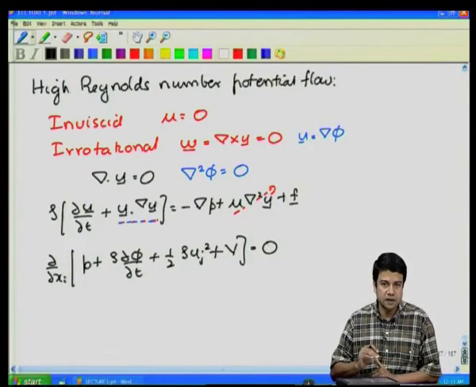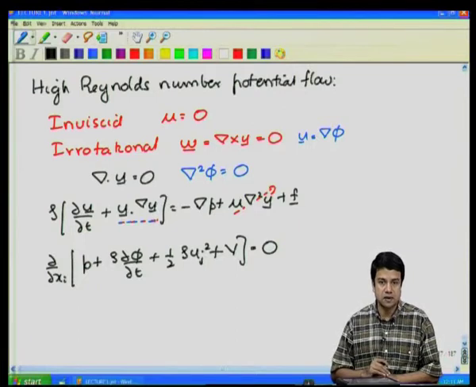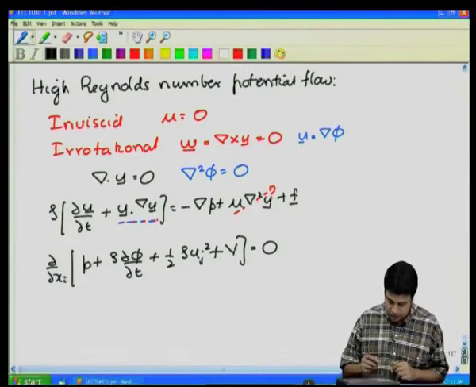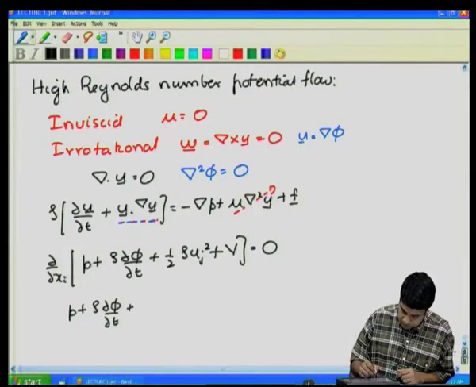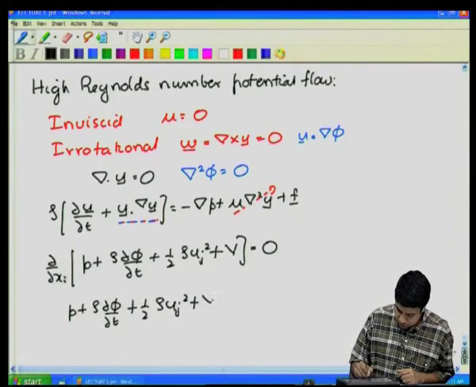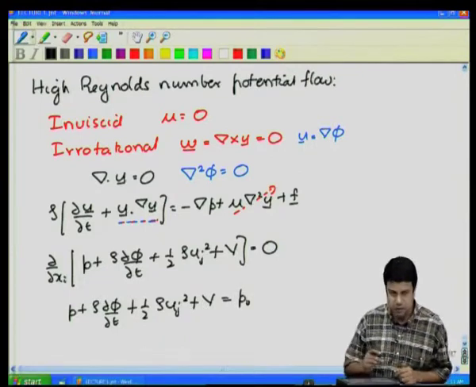The gradient of this entire function is equal to 0. That means that this function is equal to a constant. So, P plus rho d phi by dt plus the remaining terms is equal to this constant.